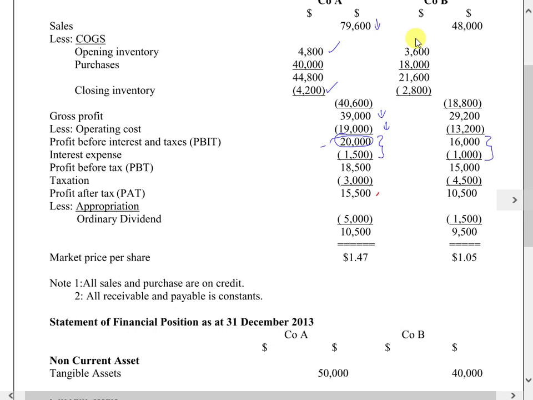4,005. Average inventory, divided by cost of sales, 40,600.